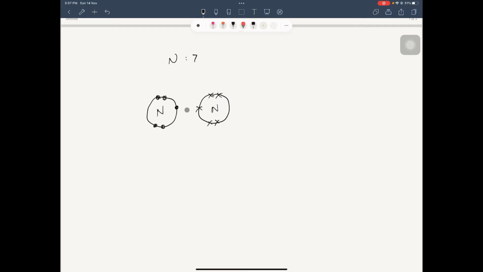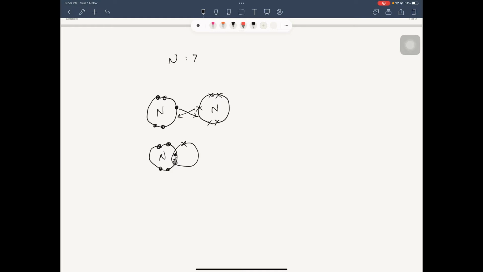So let's do a trial and error. If each atom is to share only 1 electron, then what do we have? We will have 1, 2, 3, 4, 5, with a cross electron from the other atom being shared.